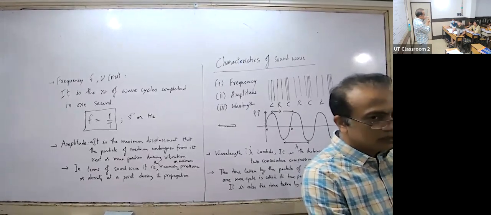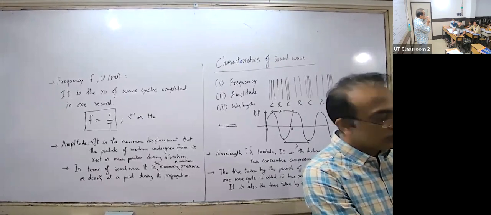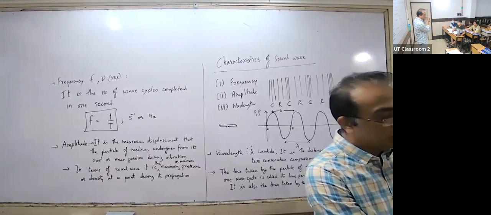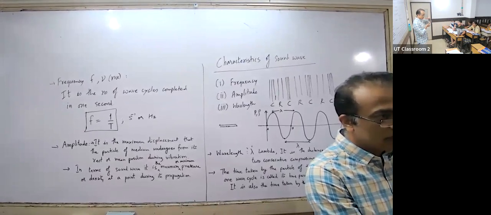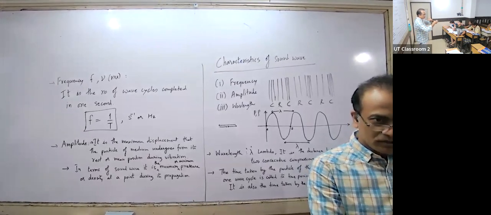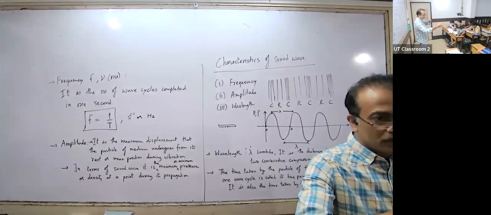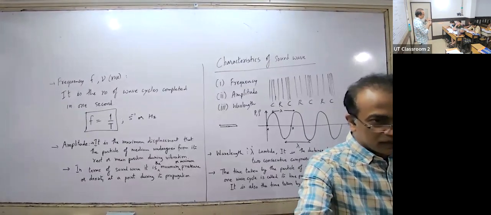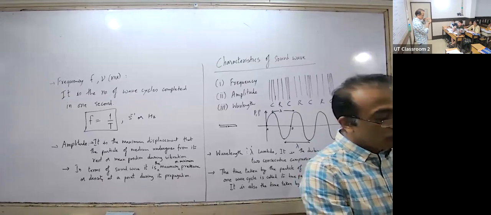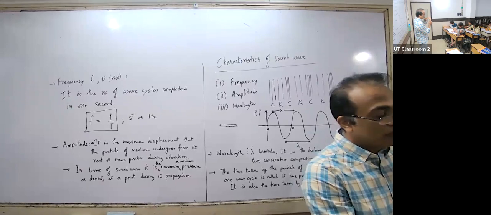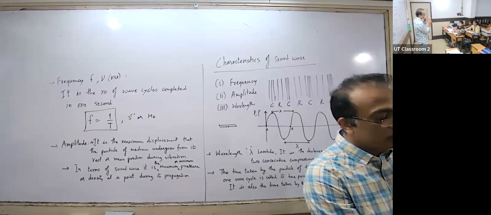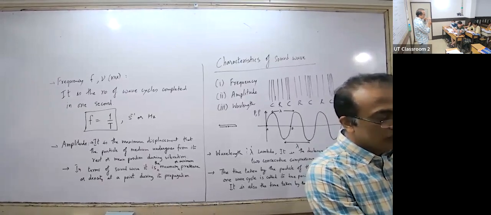When it goes close to this, it disturbs it. Then all of them become very close. This is the motion. So this was its rest position here. Now when I start speaking, it goes from the rest position till here, and then comes back again.